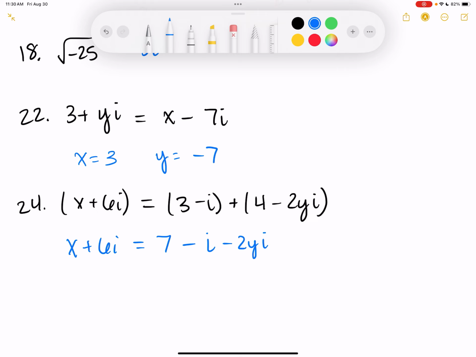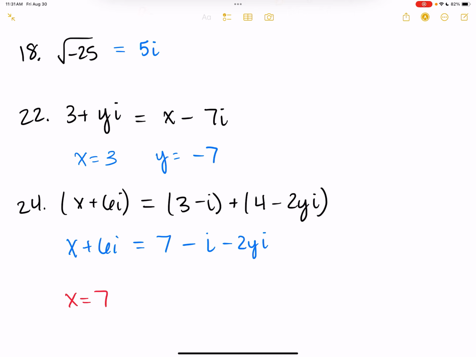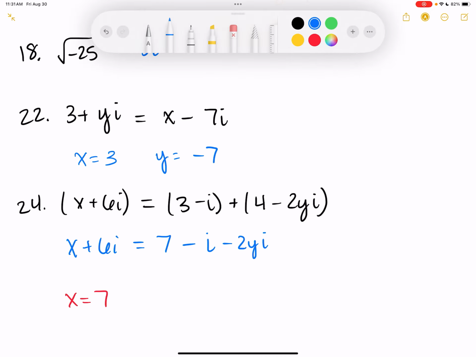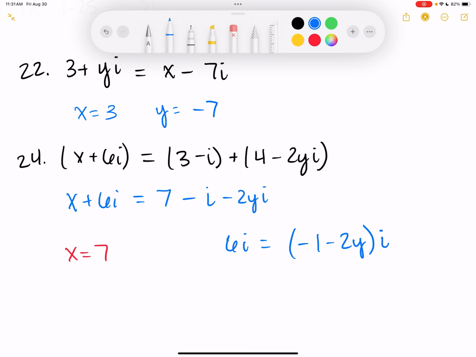Okay. So what does x have to be? I feel like x is pretty obvious. x is 7. So for y, I need to take an i out of this stuff. So I'm going to have 6i is equal to, in parentheses, -1 minus 2y times i. Since both pieces have an i on them, I'm not technically canceling the i's, but I'm saying the number in front of the i's has to be the same.